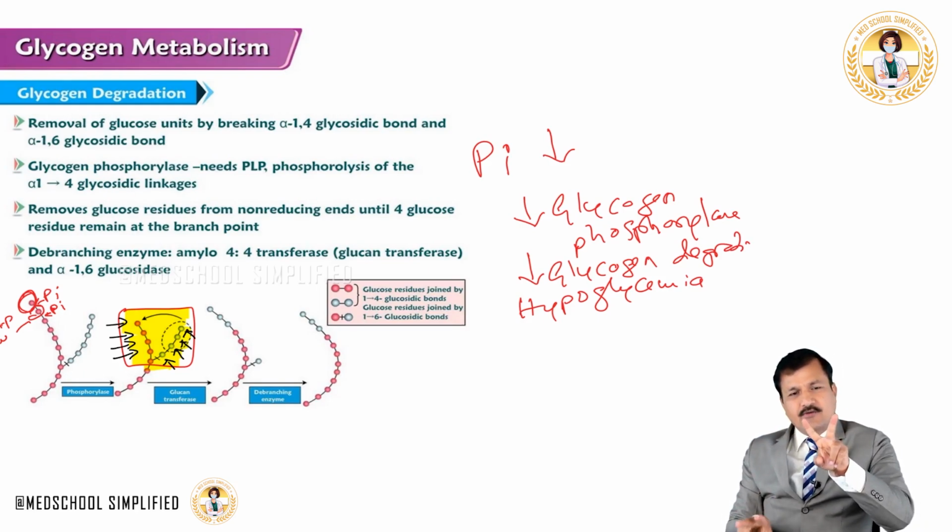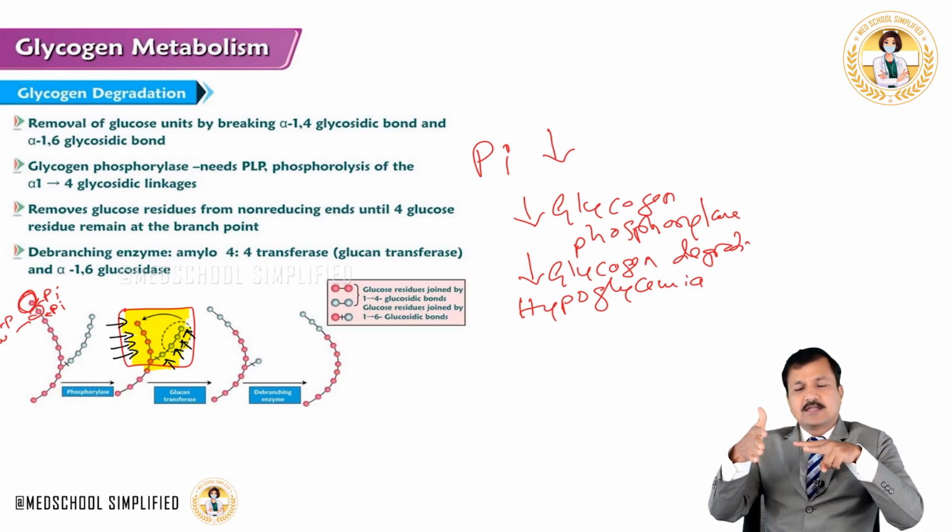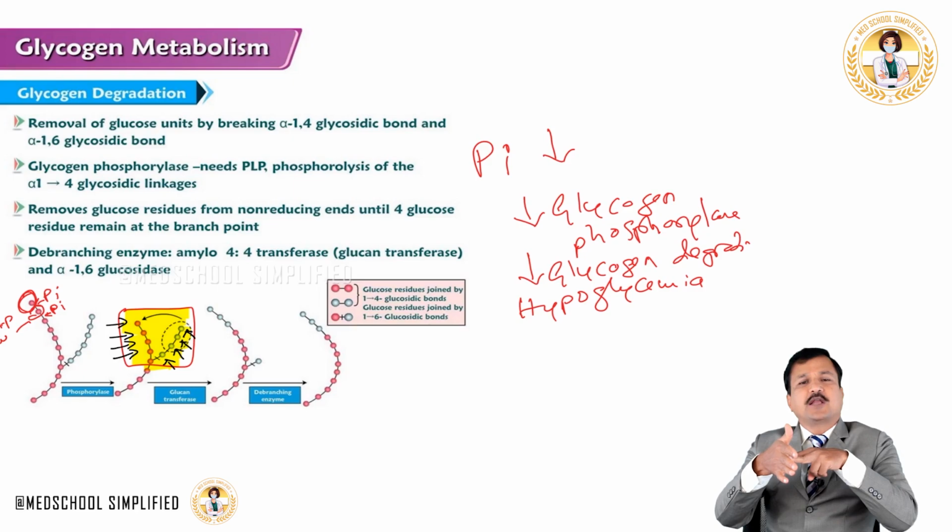Whenever you have a fork-like structure with 4 glucose residues at the branch point, it cannot go into the active site of glycogen phosphorylase, and that causes steric hindrance. That's when glycogen phosphorylase stops degrading glycogen.